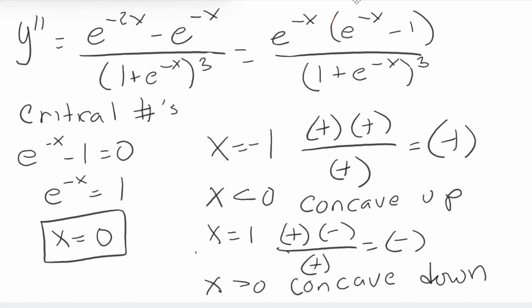You could also do it in decimals, plugging the number in to get an actual answer that tells you if it's positive or negative. The goal, though, is to figure it out just by looking at signs, because that's all you really need in this case.